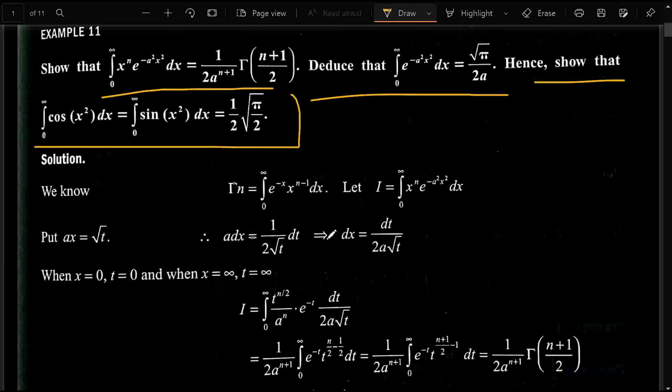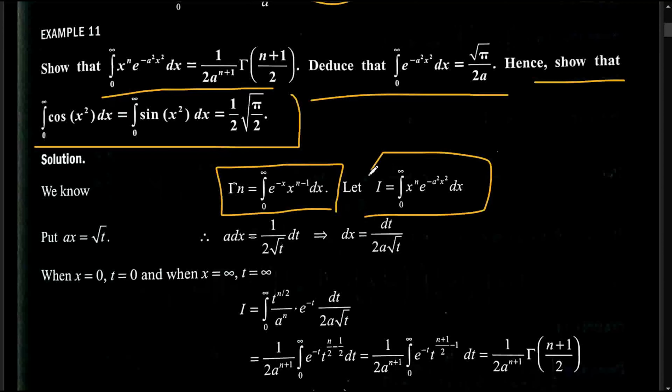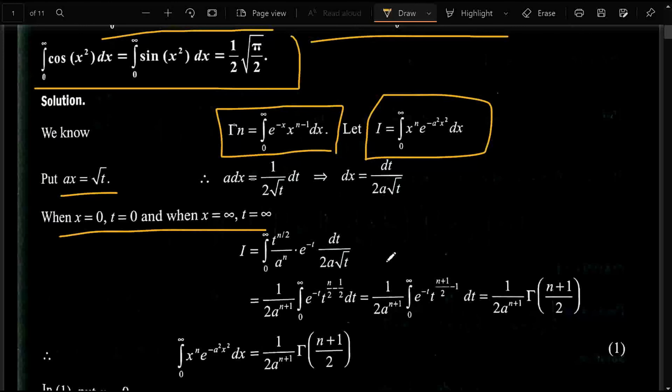Now we can start. So this is the gamma function, and I is equal to this given function, so we have to change it into a gamma function. So just the substitution method, ax is equal to root t. We can put a square x square is equal to t, and that changes into ax is equal to root t, and then differentiating and changing the values of limits, and now just integrating.